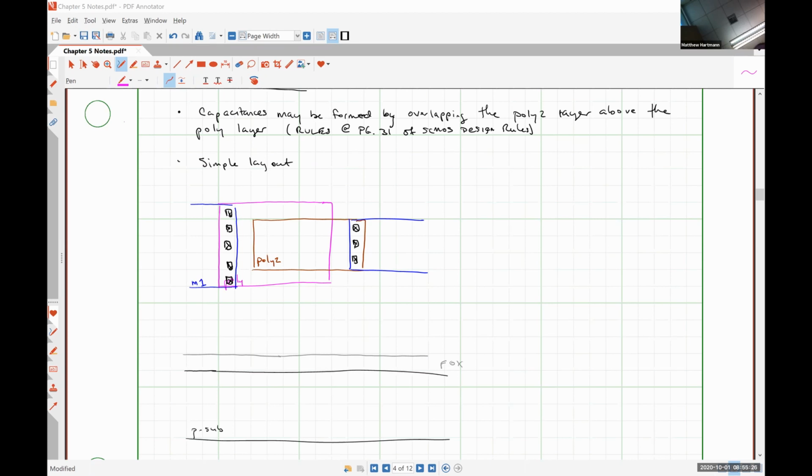Okay, so now this large layer right here, and I'm exaggerating the thickness of the insulation layer here, is where our poly layer is. Poly 1 lies directly on top of the field oxide layer.